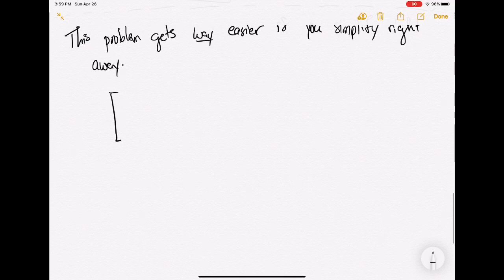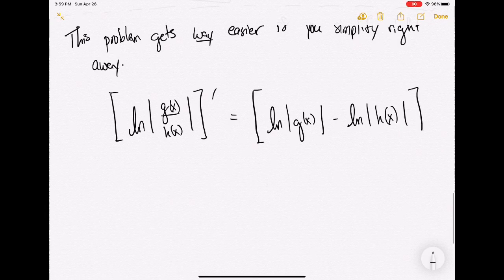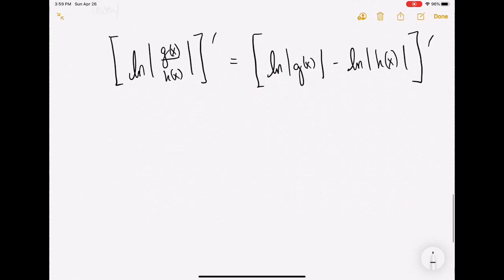I'm going to write it out like this. Natural log of g of x over h of x, prime. But by our log rules, this is the natural log of g of x minus the natural log of h of x, prime. And we really like how the primes behave.